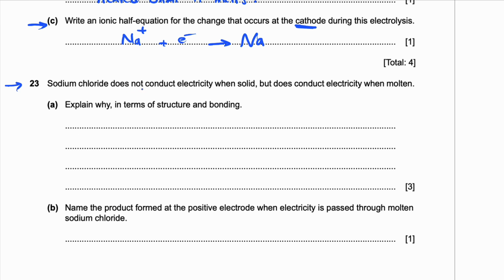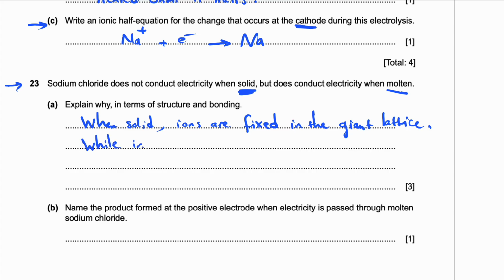Next, sodium chloride does not conduct electricity when solid, but does conduct electricity when molten. Explain why in terms of structure and bonding. So that's pretty like a topic 2 question. So as we know, ions are fixed or not able to move in the giant ionic lattice, while in the molten state, ions are free to move.